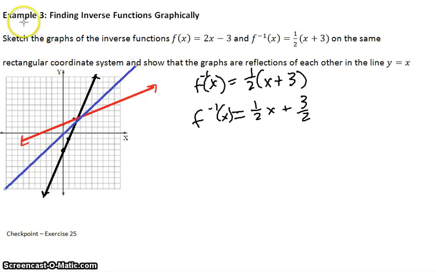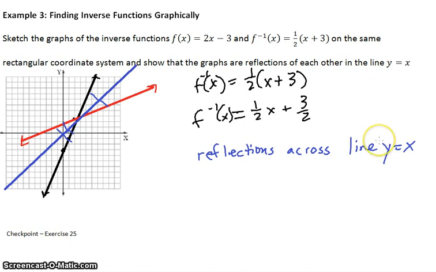And what you notice is that this is a mirror image across this line for each one of these. It doesn't matter where I pick, it's a mirror image directly across from it. So these two are reflections across the line y equals x. Okay. Now, if you don't graph it very well, there's no way to prove that, but if you see it, you can see how it just kind of splits it right down the middle on both sides here.